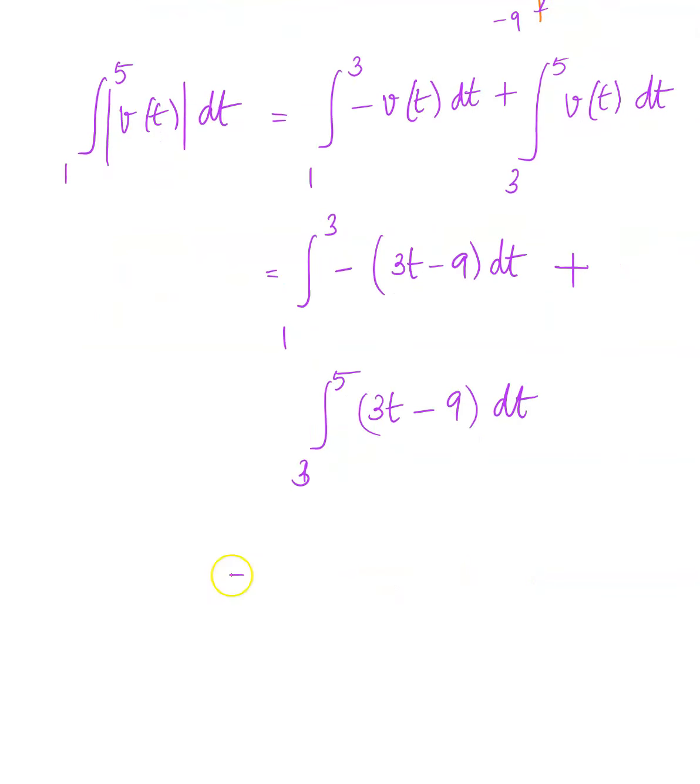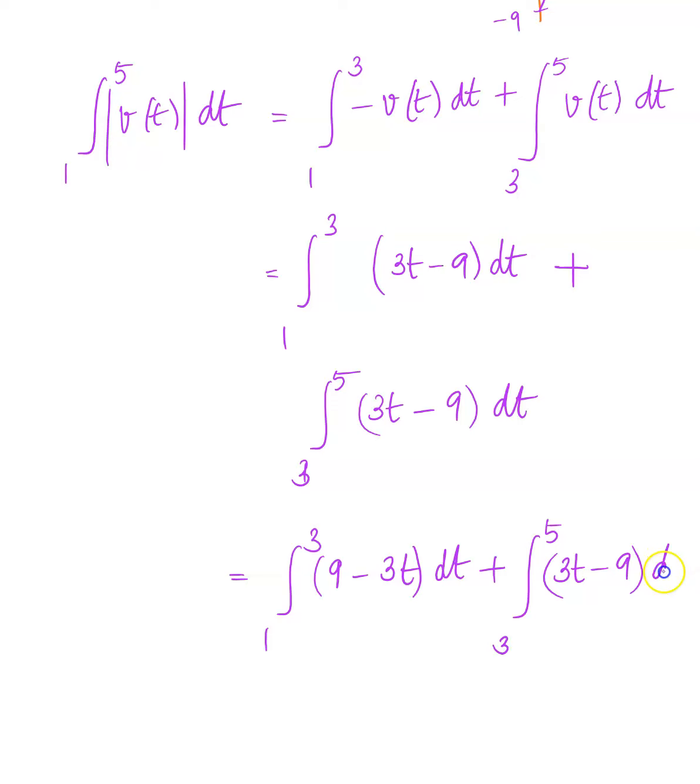Okay. So what this does for us is from 1 to 3, if you distribute the negative, you actually get 9 minus 3t, the other way around, dt, plus integral 3 to 5, 3t minus 9 dt.